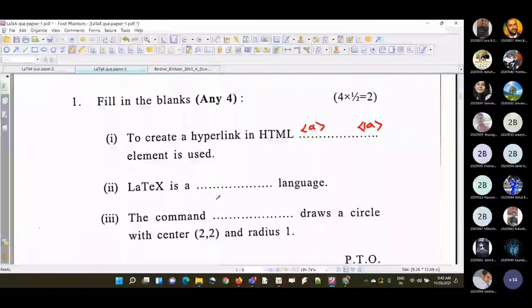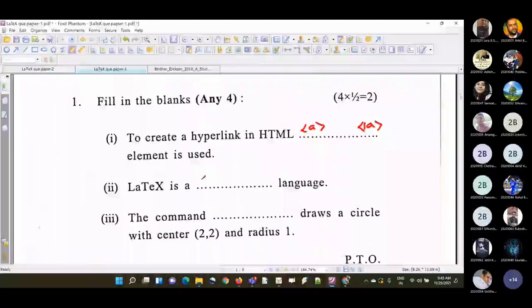Someone has told that this is a markup language. Yes, this is a markup language. We can write that it is a markup language.